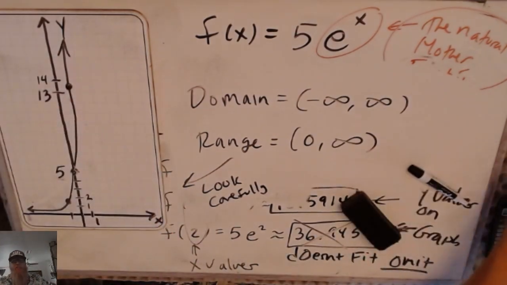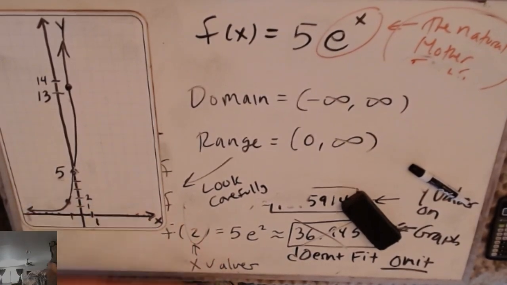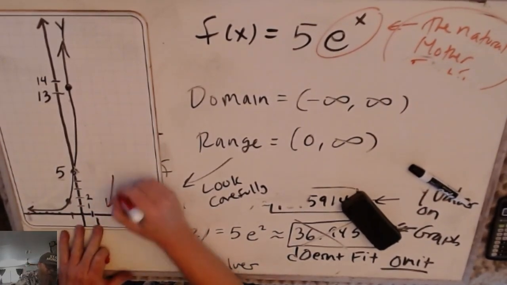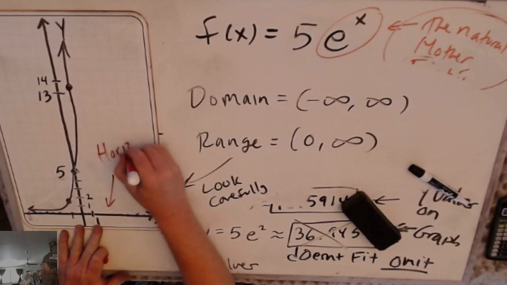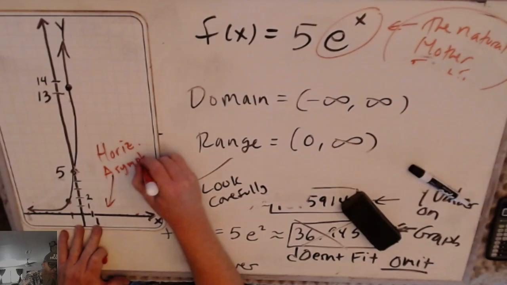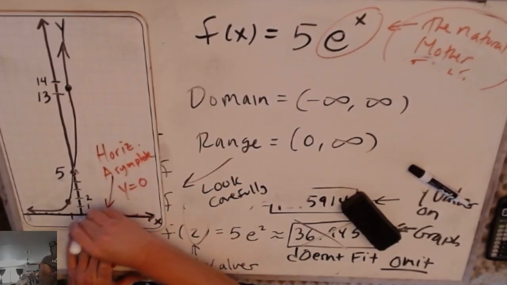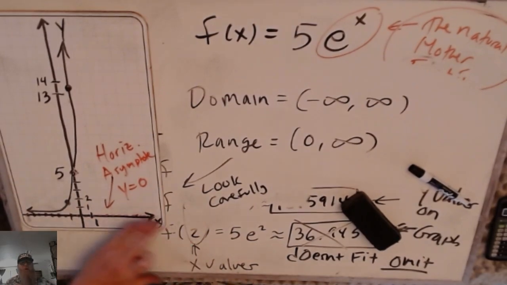And there's a horizontal asymptote. I'm just going to abbreviate horizon. Asymptote y equals 0. So this graph will never cross the floor.